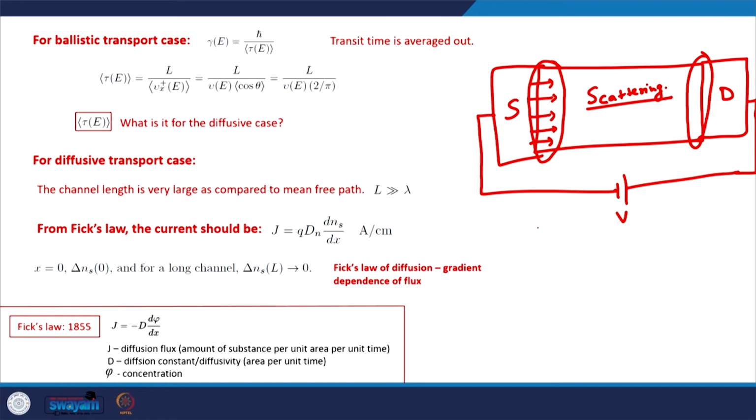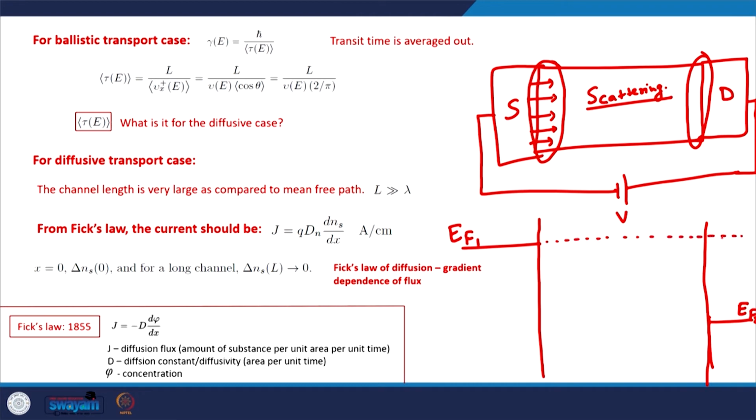Okay. In terms of energy levels, the Fermi levels of the source and drain are EF1 and EF2 respectively, and when we have an applied voltage, qV, there will be a difference between EF1 and EF2, and that will essentially make the source inject electrons into the channel.